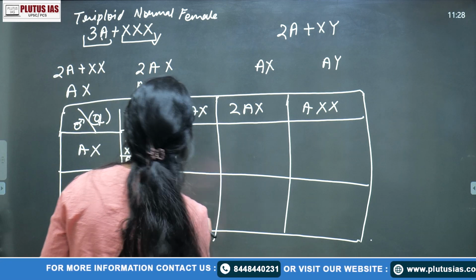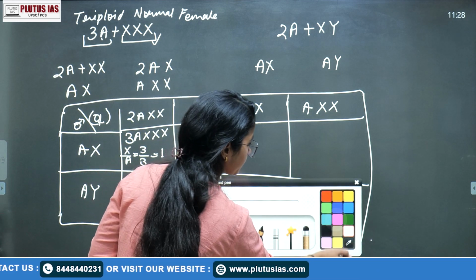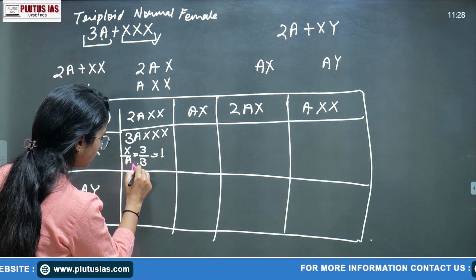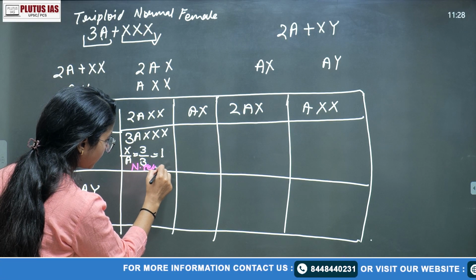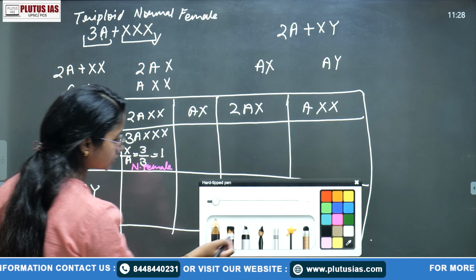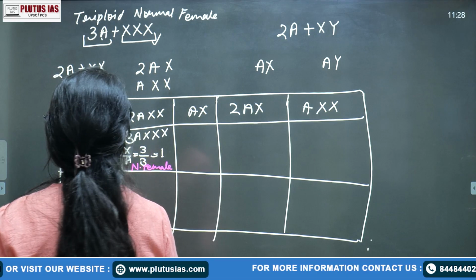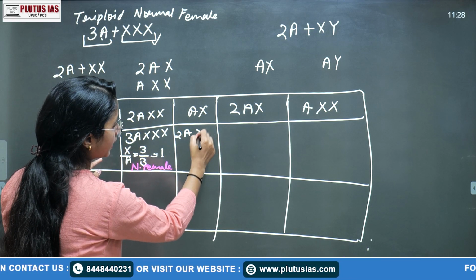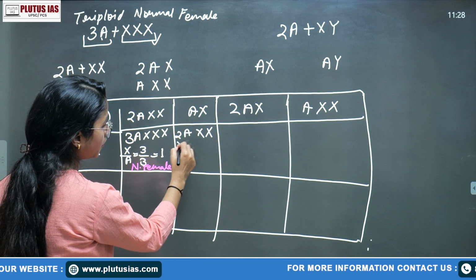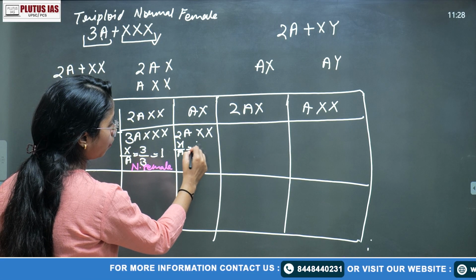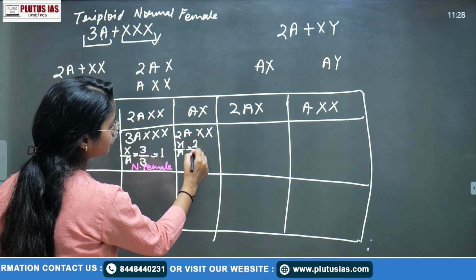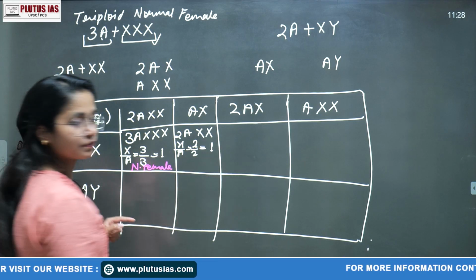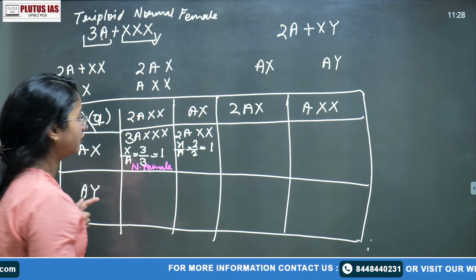So from here we can say this is your normal female. First we'll just make this, then after that we'll decide whatever it is. Now we will do this one. 2A and 2X, again the X upon A ratio will be 2:2. That means 1, right? So that will also be your normal female.